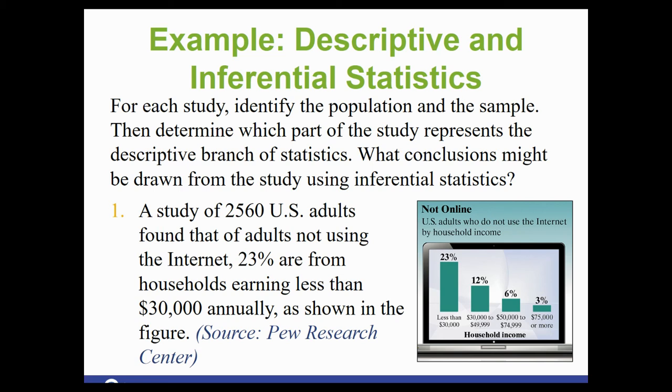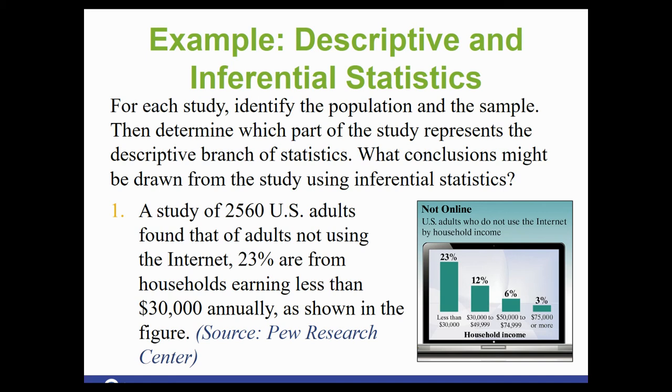So example 1 here says, for each study, identify the population and the sample, then determine which part of the study represents the descriptive branch of statistics, and what conclusions might be drawn from the study using inferential statistics. So number 1 says a study of 2,560 U.S. adults found that of adults not using the internet, 23% are from households earning less than $30,000 annually, as shown in the figure.